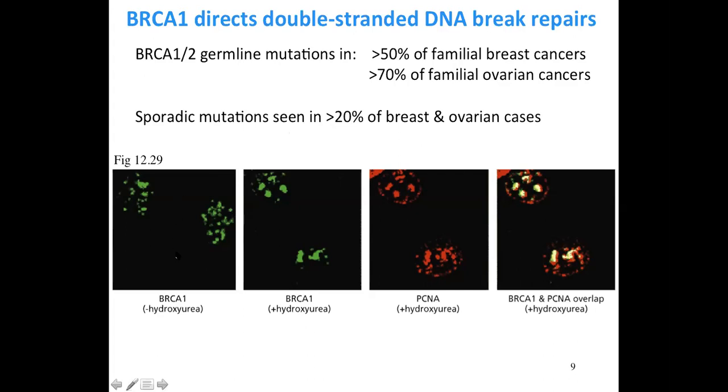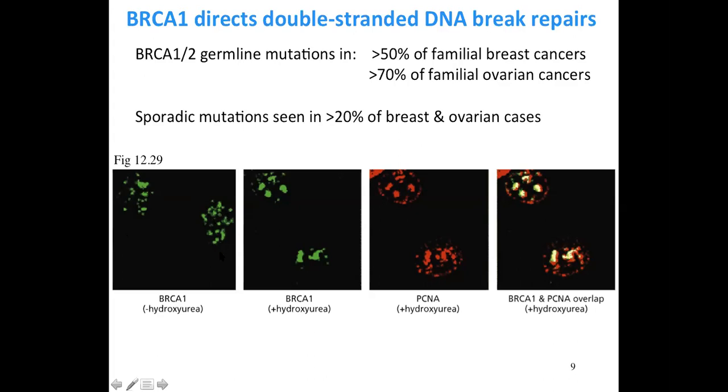So this figure down here just shows a staining of where BRCA1, in green, is hanging out inside the nuclei of 2 cells. This is under normal conditions. The BRCA1 is kind of scattered around inside the nucleus. Keep in mind that the whole genome, the DNA, is all unwound in here as well.